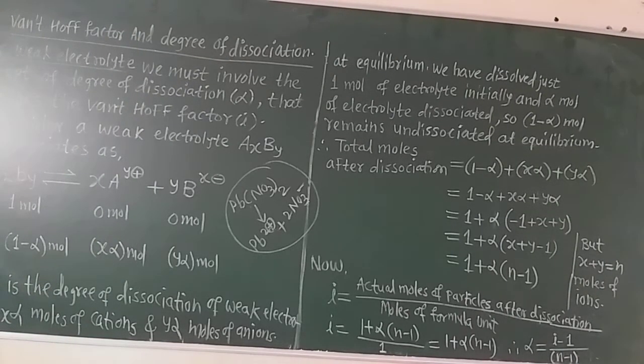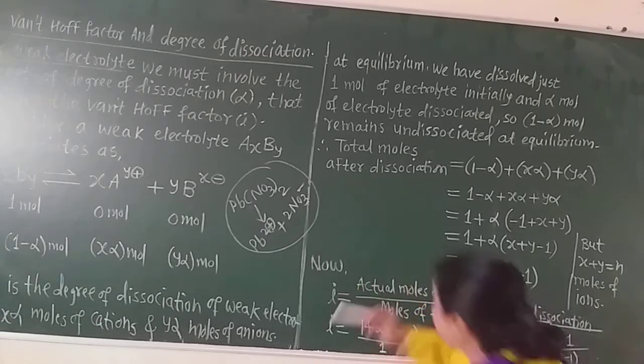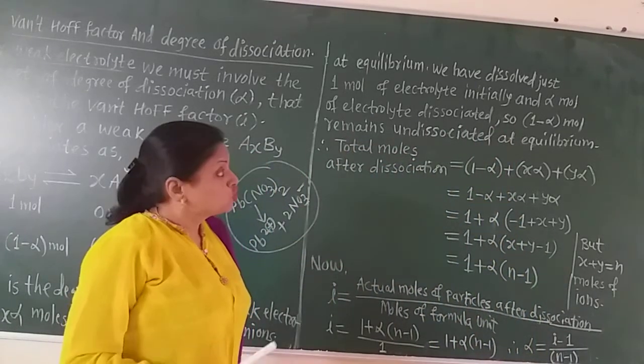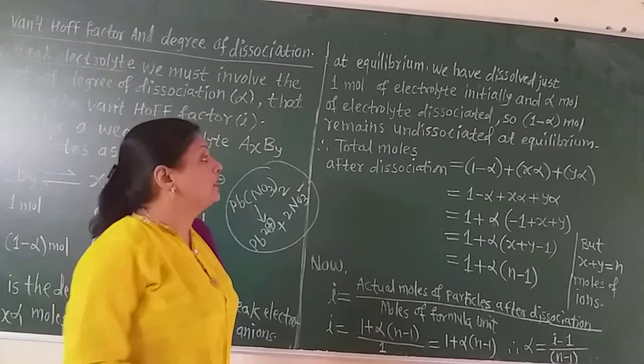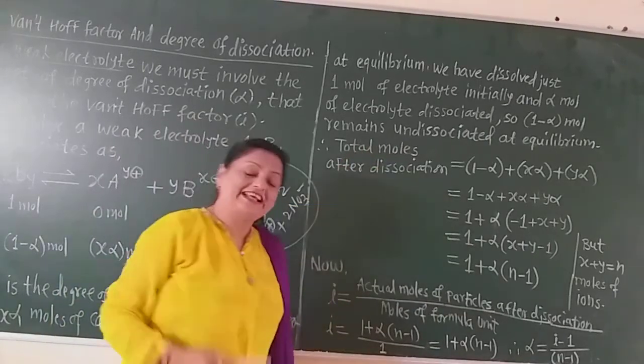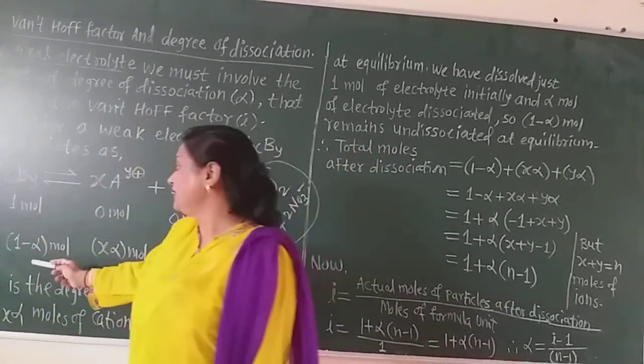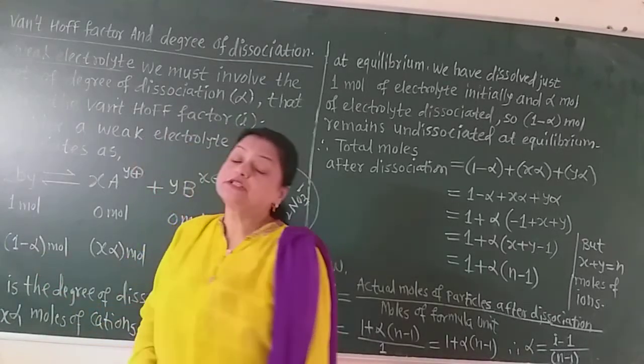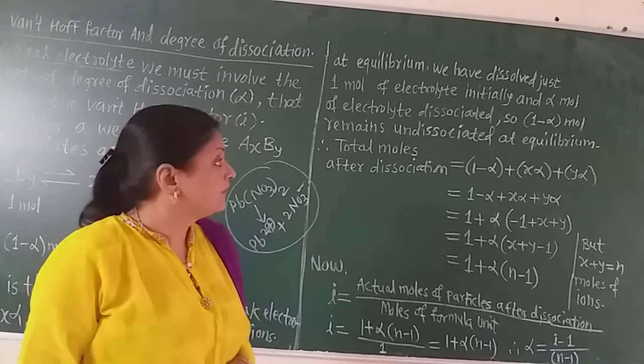We have dissolved just 1 mole of electrolyte initially and alpha mole of electrolyte dissociated. So 1 minus alpha mole remains undissociated at equilibrium.